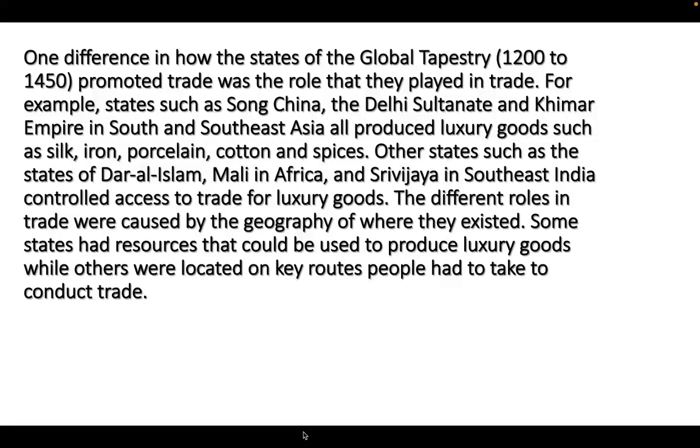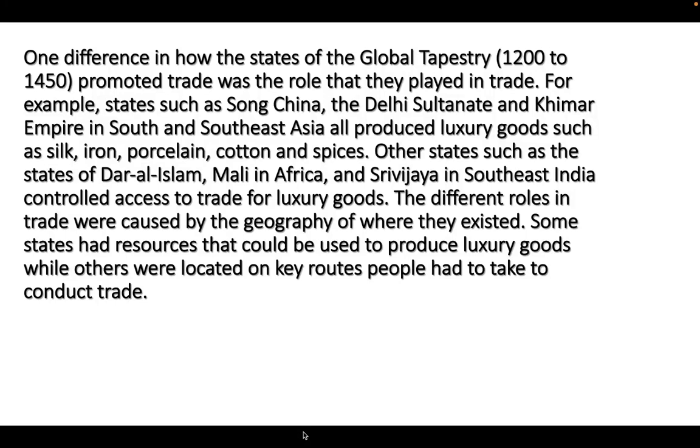Other states, such as the states of Dar es Salaam, Mali in Africa, and the Srivijaya in southeast India, controlled access to trade for luxury goods. So notice there, I've got an A and a B, though I do not use every single area in every single state. I've proved that there was a difference. My main difference being you have producers versus controllers of trade.